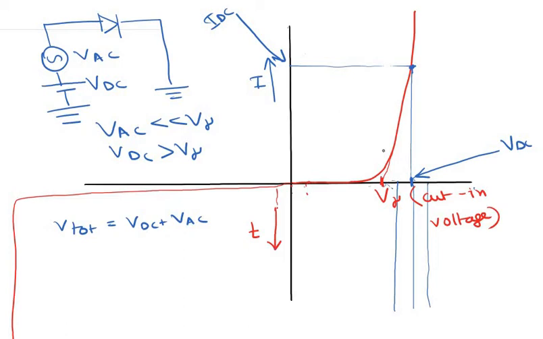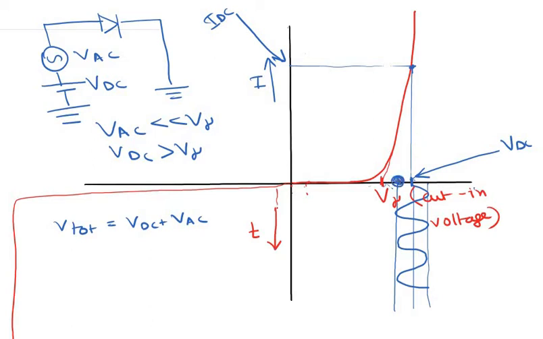So VDC plus VAC is basically an oscillating signal that would look like this, considering the negative y axis is the time axis. We are plotting this against time. So now what is the range of variation of current? Let us say, what is the minimum current? The minimum voltage is given by this voltage around here.